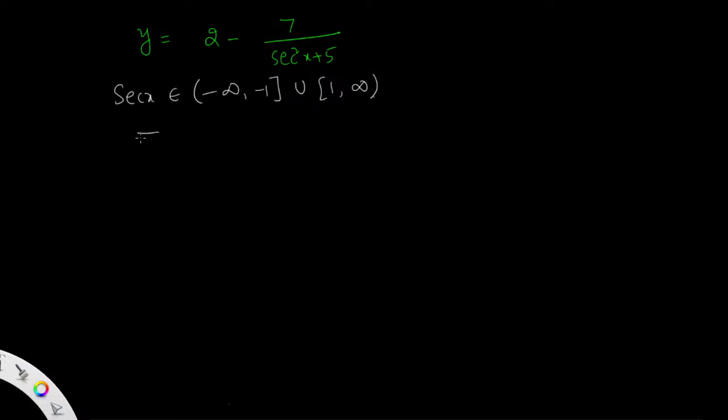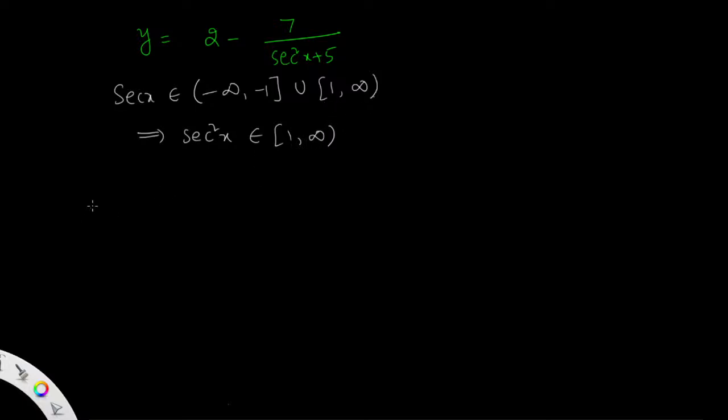But secant square x takes only positive values, so it can take 1 comma infinity. Secant square x range is 1 to infinity; it doesn't take the negative values of the number line, only positive values.